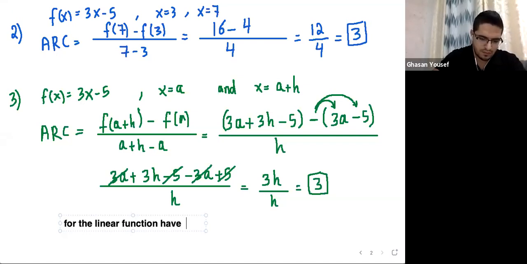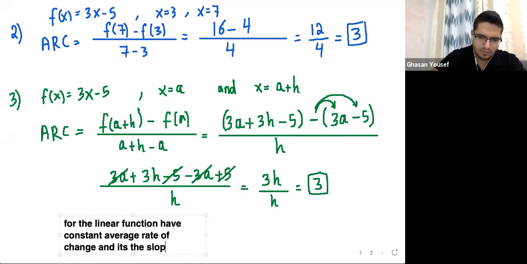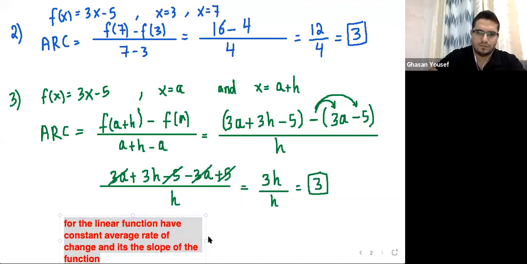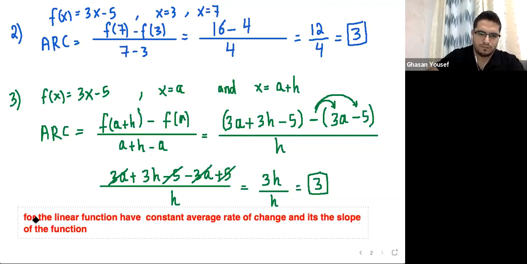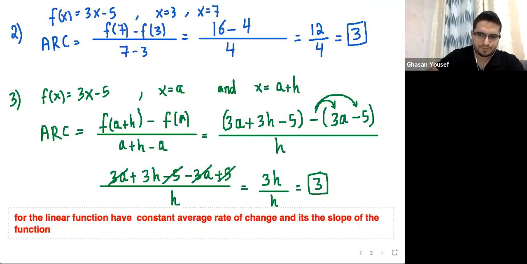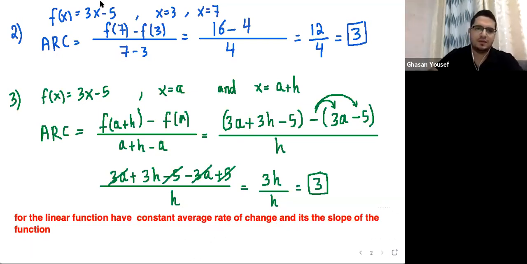Linear functions have a constant average rate of change, and it is the slope of the function. Okay, this is what you should know for this section. Now, let's go to the next section.